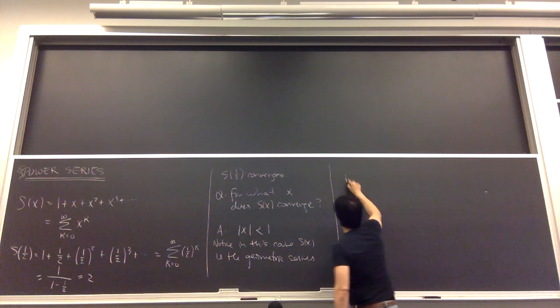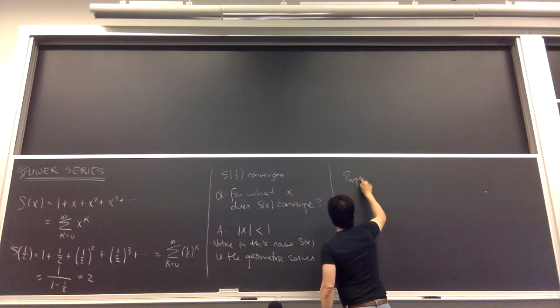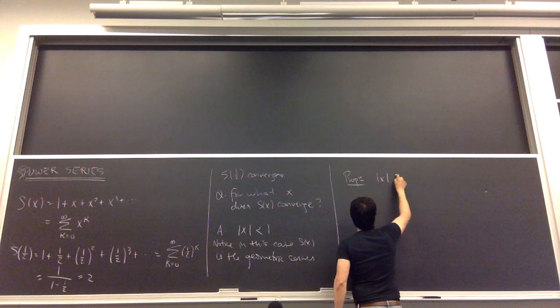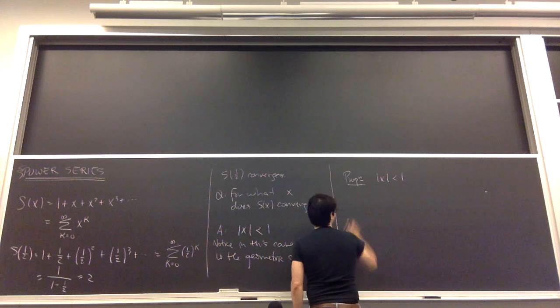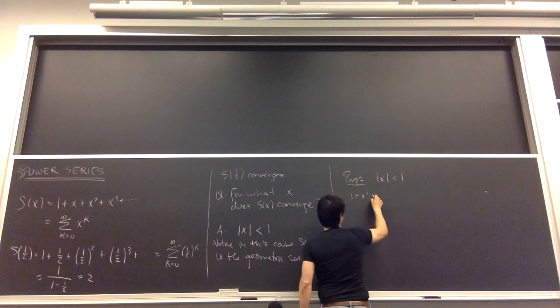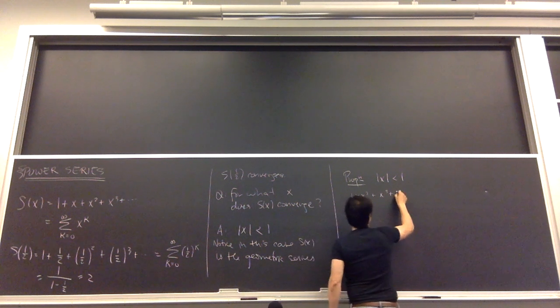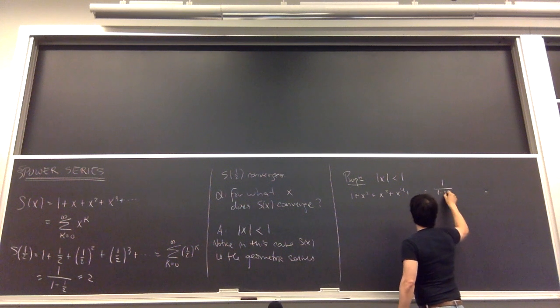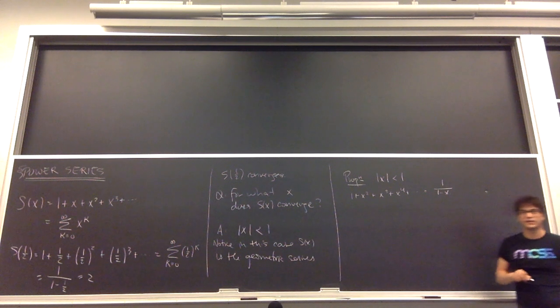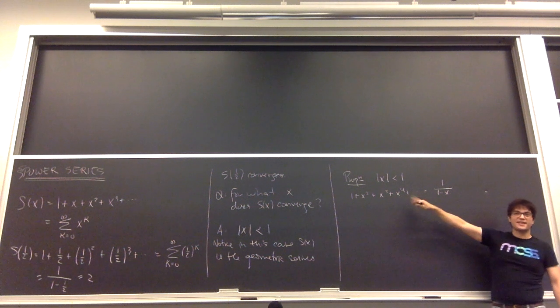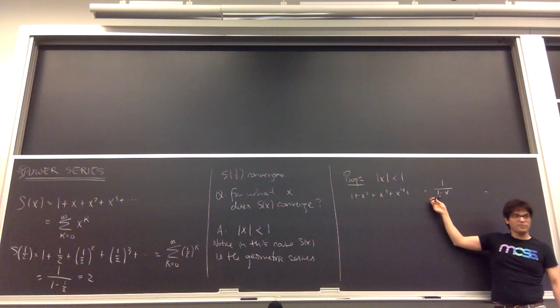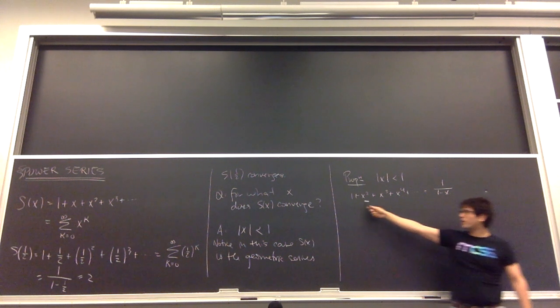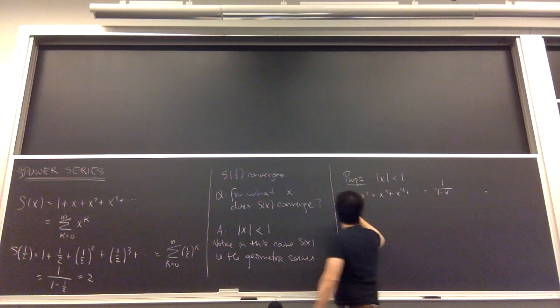Okay, so we have a proposition here. We know now if x is less than 1, what have we discovered? If x is less than 1, then 1 plus x plus x squared plus x cubed plus x to the 4th and so on, that's equal to 1 over 1 minus x. So this is what we did at the very beginning of class. I plotted this for you, 1 over 1 minus x. And then I plotted 1 plus, oops, I missed a term here.